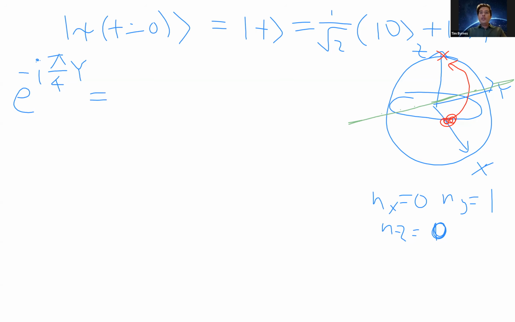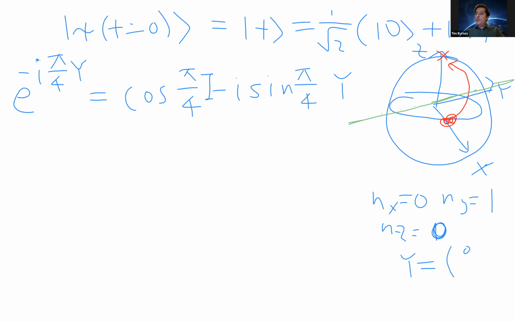Remember that previously we did an expansion of this kind of Euler form, and we can work out that it's going to be something like this. So an identity matrix here, and the y matrix looks like this, minus i, and y squared also gives identity.